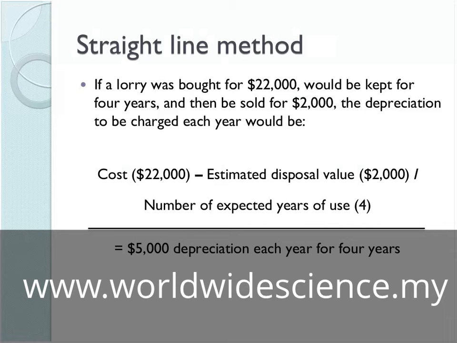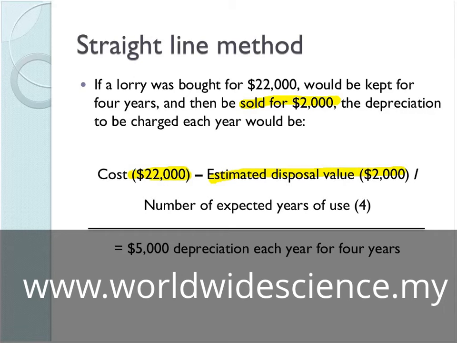Based on the straight line formula, we take the 22,000, the historical cost at which we bought the lorry, minus the estimated disposal value of 2,000. You remember, we are going to sell this lorry for 2,000.